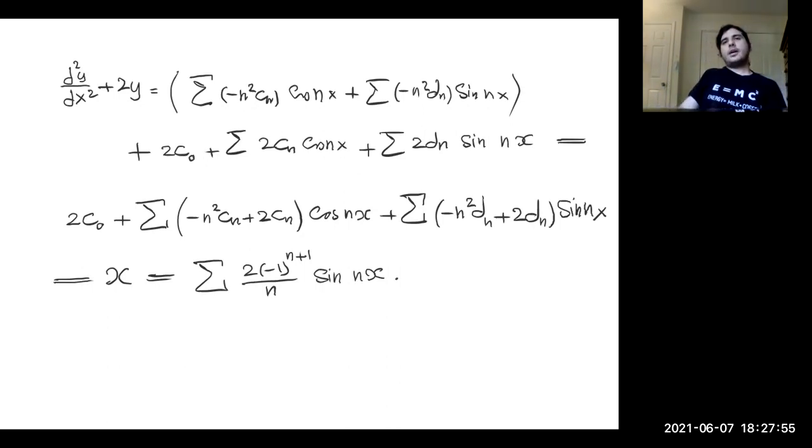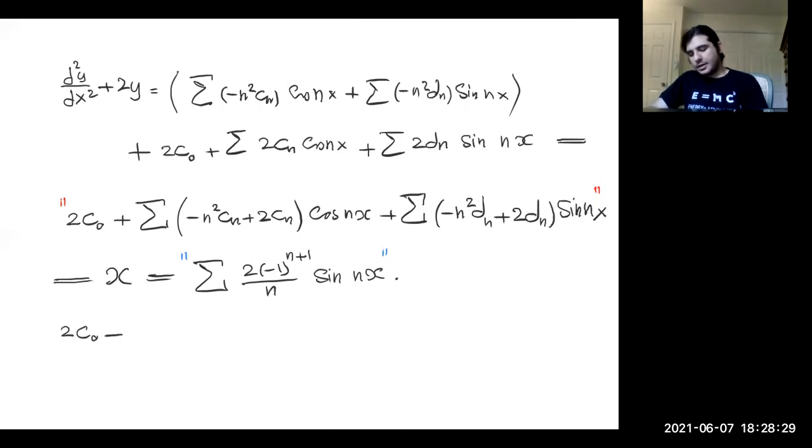This gives us three equations. If what we have here is supposed to be equal to what we have here, the constant on both sides should be equal. The coefficient of cosine of nx on both sides should be equal. And the coefficients of sine of nx on both sides should be equal. So on the left-hand side, we have the constant 2c naught.